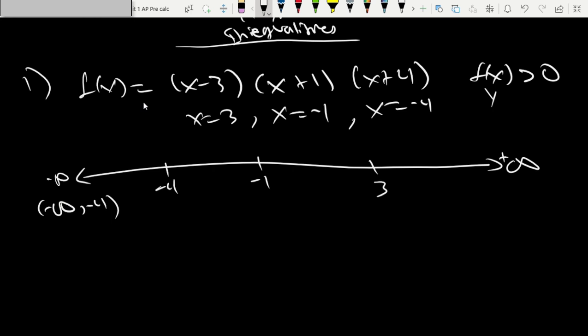Now we're going to choose any number in the interval. We're going to choose -5 because it's the closest one, and we're going to plug this -5 into the equation. Keep in mind, if you had multiplicity, like x minus 3 to the second, you would include the square. -5 minus 3 gives you -8, and you would square that.